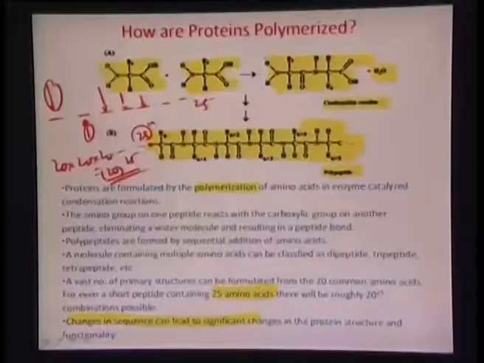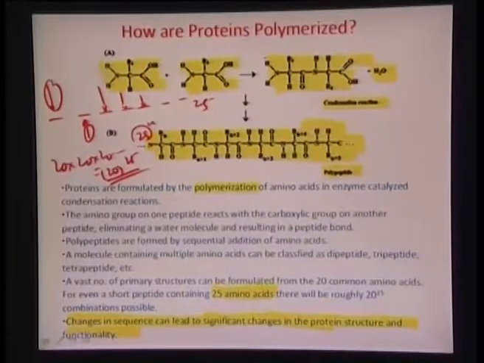This small sequence of protein can have about 20 to the power 25 combinations, if you club all these possibilities of each place being filled by 20 different amino acids. Changes in the sequence of a protein can lead to significant changes in the protein structure and functionality. If the sequence is altered slightly, you can have an altogether different structure of the protein of interest.